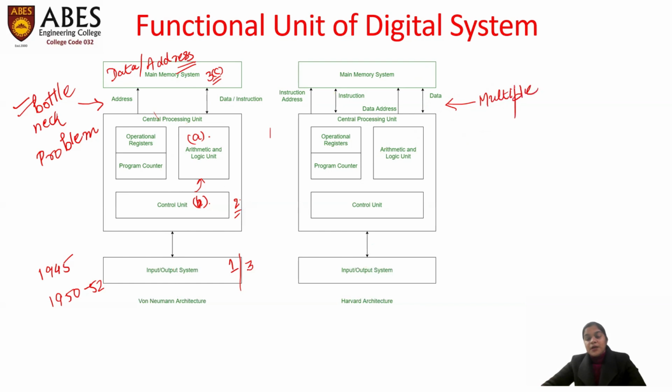Multiple pathways obviously allow processing of multiple data and instructions simultaneously. But due to the multiple communication pathways, the architecture would become expensive, and then the digital system itself would become very expensive.